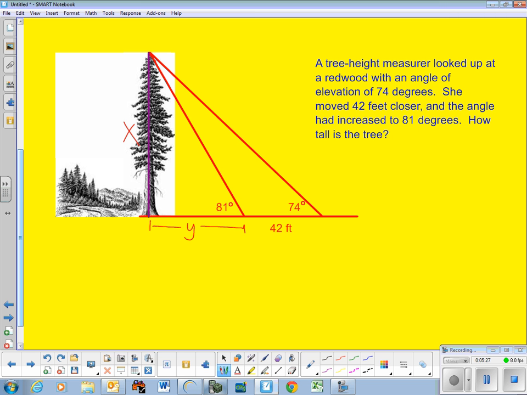What we do not have so far is three parts of one triangle. I could say that this angle right here would be 99. And then I would have an angle side angle. Maybe I could do that to find some other lengths. Let's go.